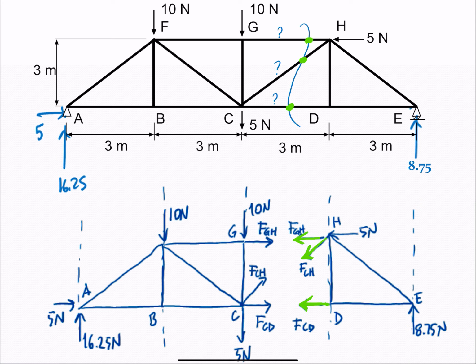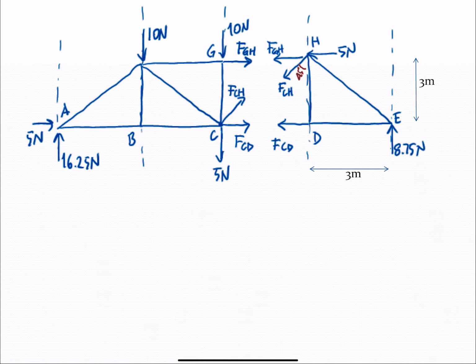So all these forces are assumed to be in tension. It's very unlikely all of them are tension because in order to equilibrate the other half, some of them have to be in compression. But we will discover that when we solve for these forces.